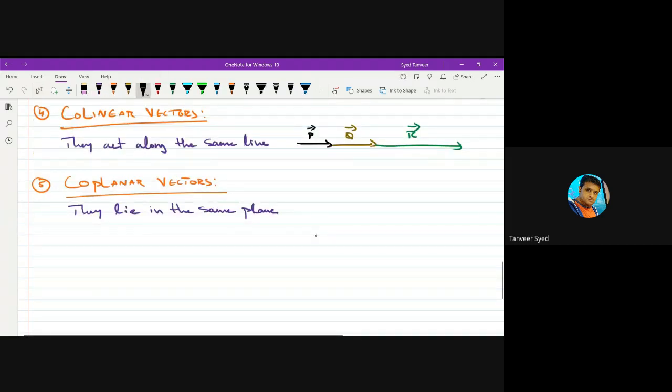If I take an XY coordinate system, this is the x-axis, this is the y-axis. The region enclosed between these x and y axes, we call this the XY plane.